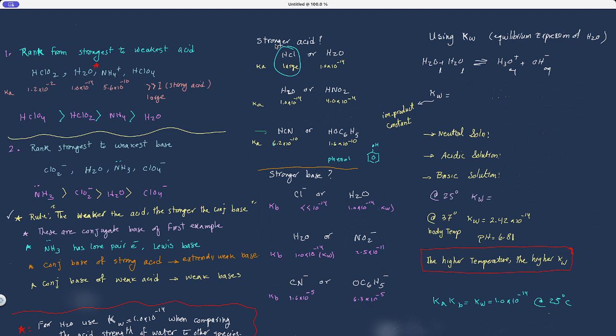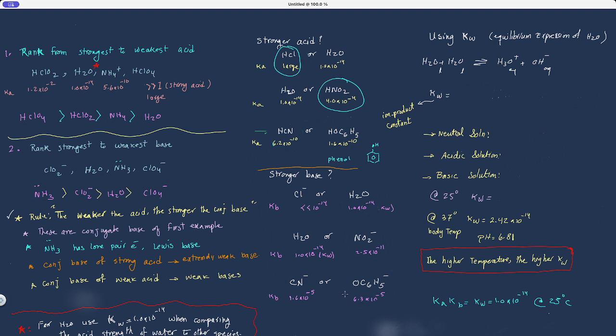Followed by H2O, HNO2, nitrous acid. It's an acid, although it's a weak one, but still is an acid. Either use that common knowledge or use the fact that Ka is greater than Kw for water. Remember, for water, use Kw. HCN or HOC6H5.